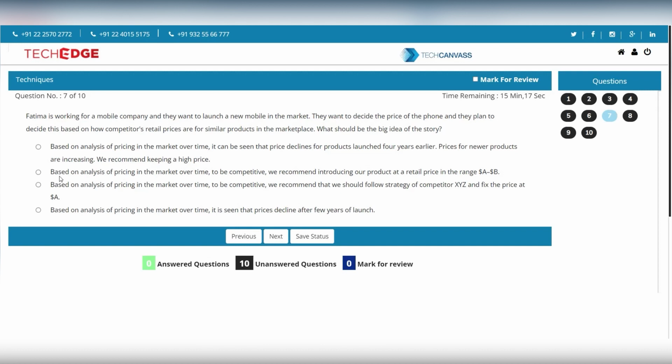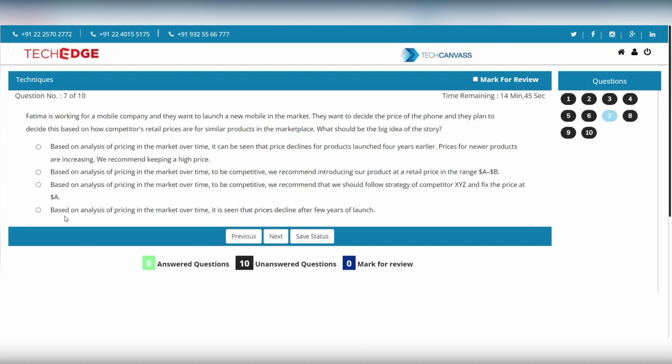Option B, based on analysis of pricing in the market over time, to be competitive, we recommend introducing our product at a retail price in the range $A to $B. Option C, based on analysis of pricing in the market over time, to be competitive, we recommend that we should follow strategy of competitor XYZ and fix the price at $A.